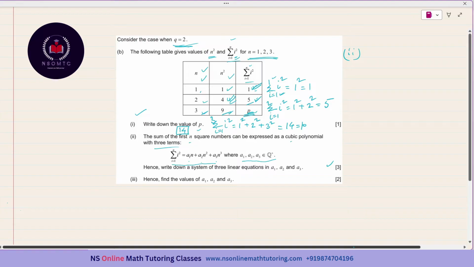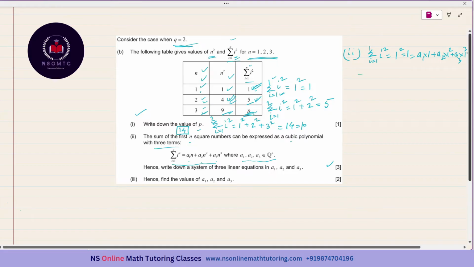Fine. When n equal to 1, because n's value is equal to 1, 2 and 3. First of all, I'm starting with n equal to 1. So, sigma I equal to 1 to 1 of I square is equal to 1 square, equal to 1, equal to a1 times 1, n's value is 1, plus a2 times 1 square plus a3 times 1 cube.